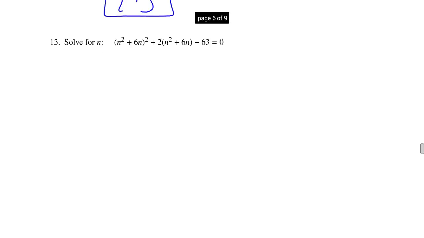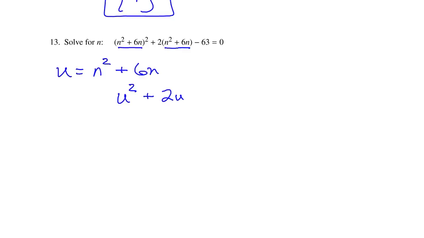Problem 12. Solve for n. So this one, notice that we have the same pieces in 2 places. That's a big hint that we should use substitution. So I'm going to let u be equal to n squared plus 6n. With that the case, then this equation becomes u squared plus 2u minus 63 equals 0.